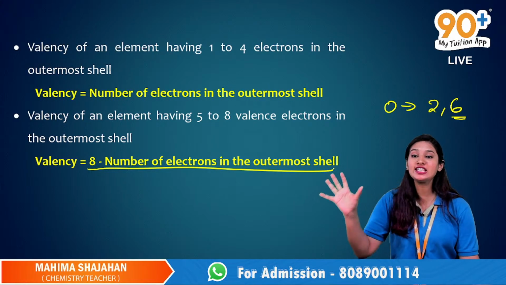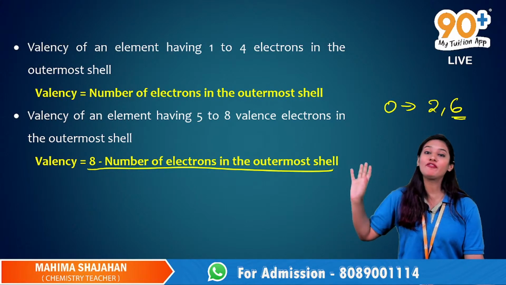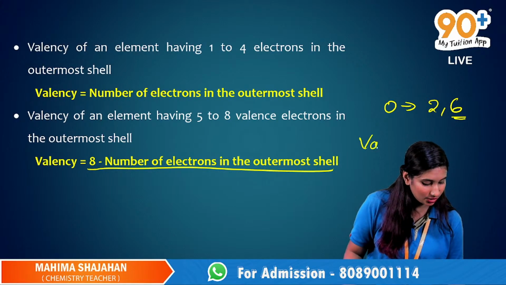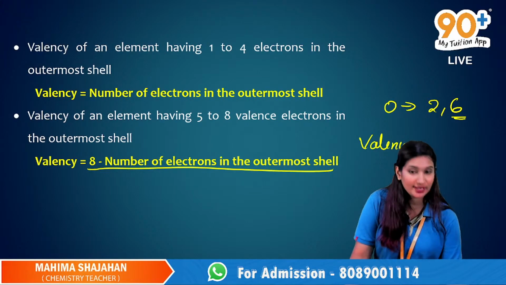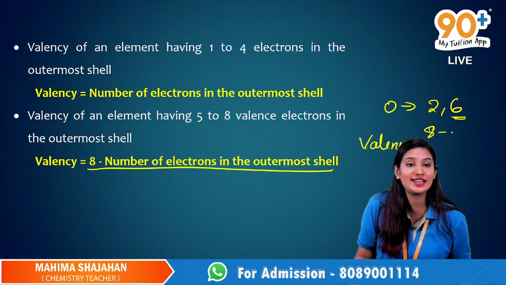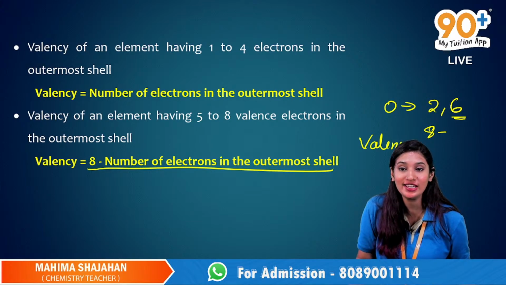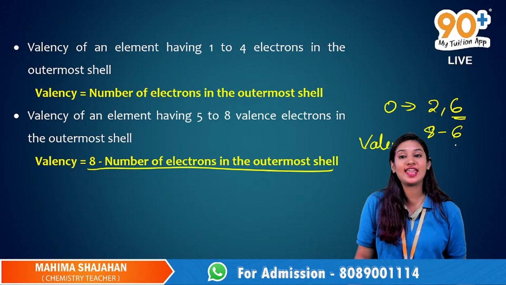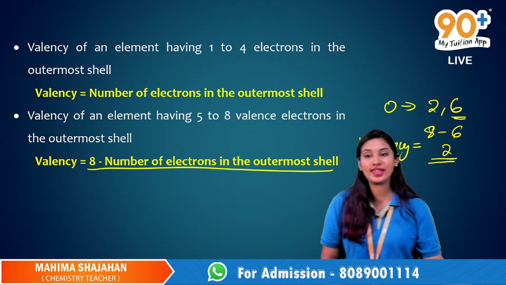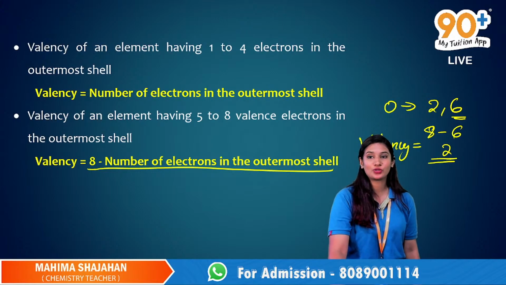So, the valency of oxygen: 8 minus the number of valence electrons, which is 6. 8 minus 6 is equal to 2.